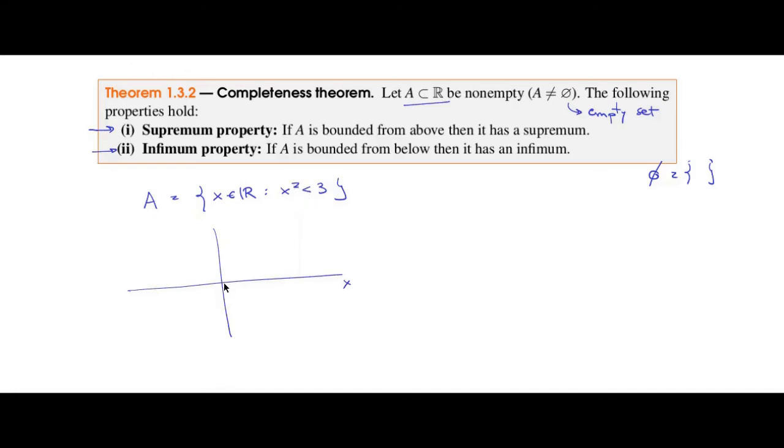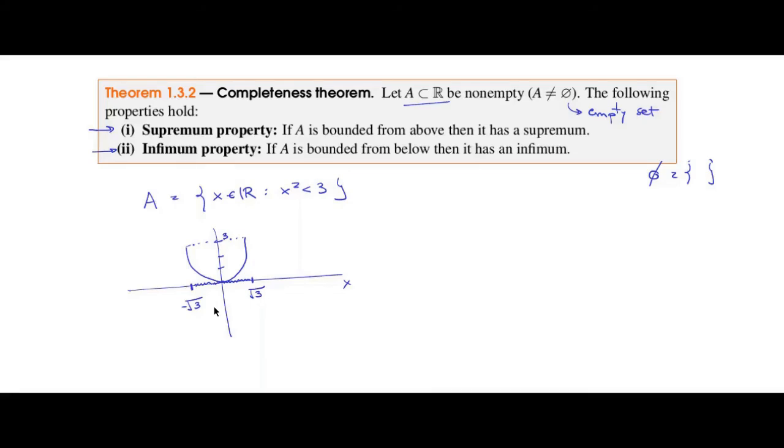Okay, so if you paint the parabola x squared, and this is 1, 2, 3, then A is the set of all numbers that lie in here, excluding this, which would be the square root of 3 and minus the square root of 3.